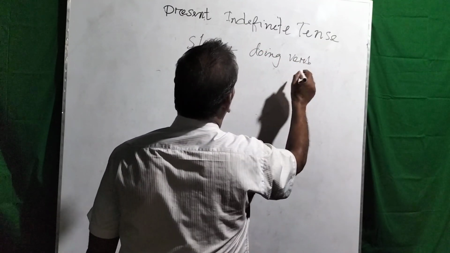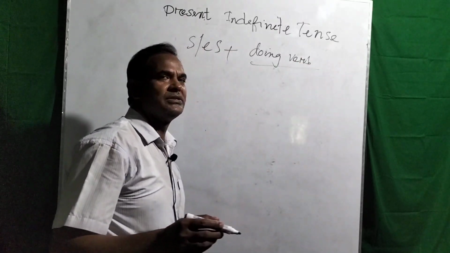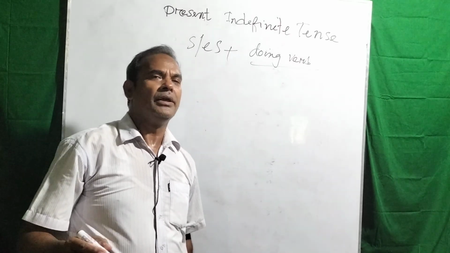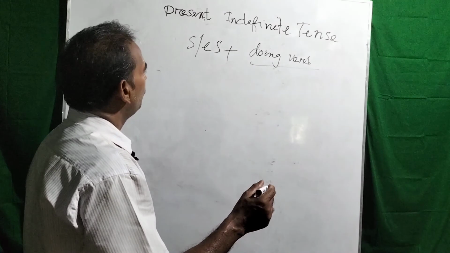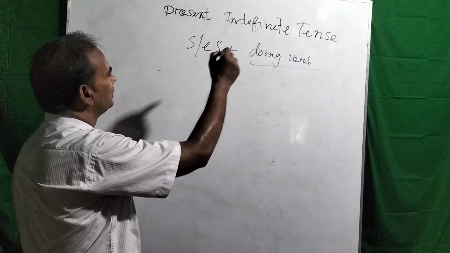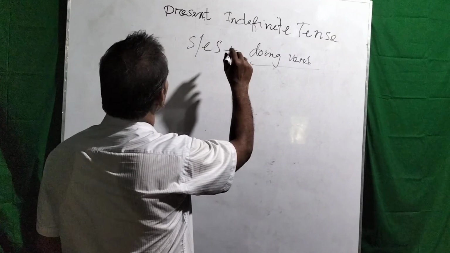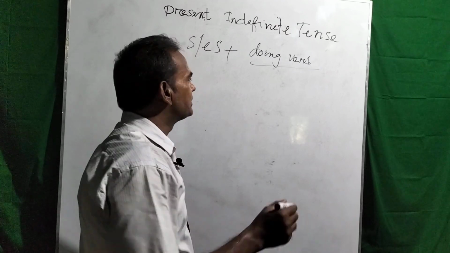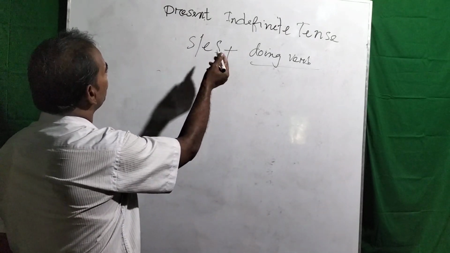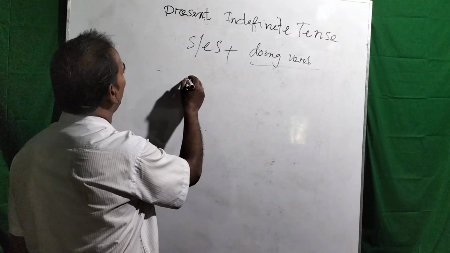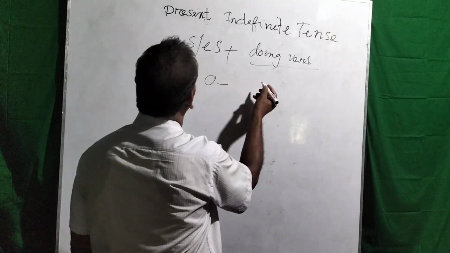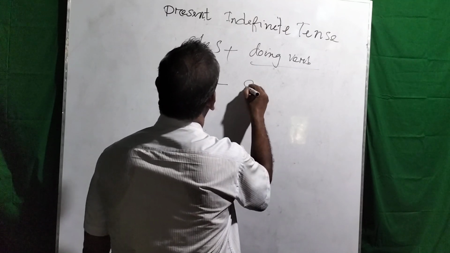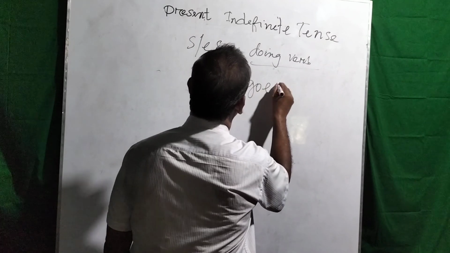That means the verb which means to do something, suppose go, like, play, eat, etc. But why am I telling you that rule? Because we have to know how we can use s or es. If the word ends with o, then it takes es. Suppose go, it takes es.